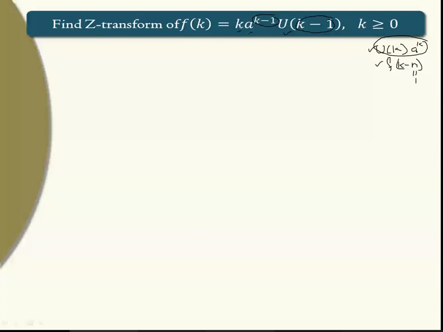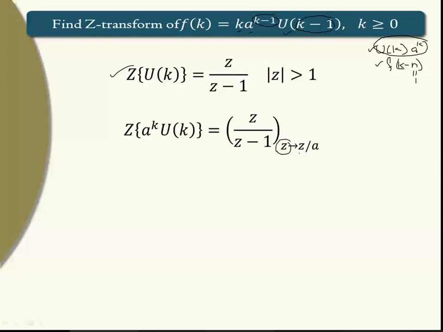Okay. So first find z transform of u(k). Standard formula is there. Already we have taken that formula. z upon z minus 1, mod z greater than 1. Then find what is a raised to k into u(k). Wherever z is there, we have to replace it by z by a. Okay.